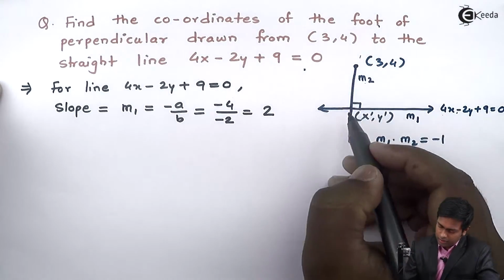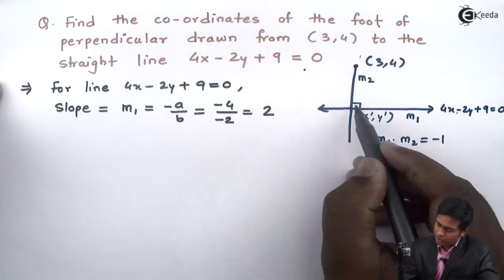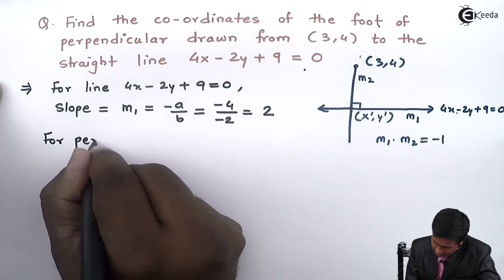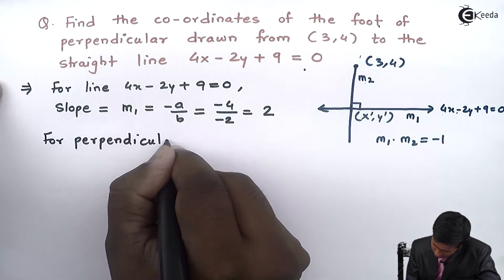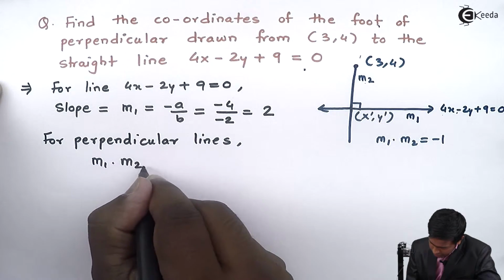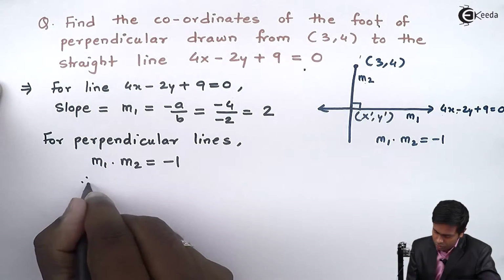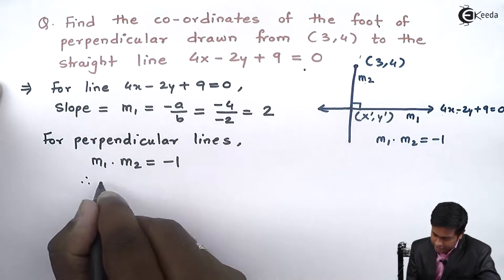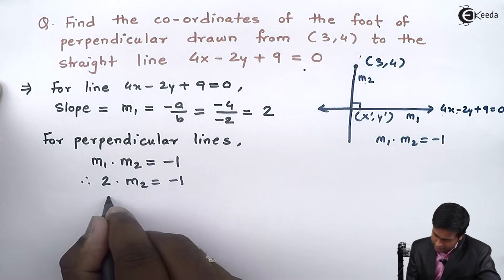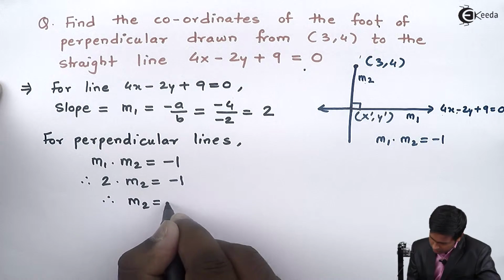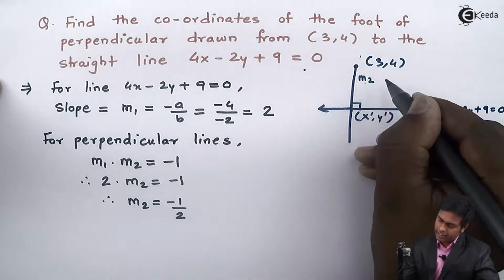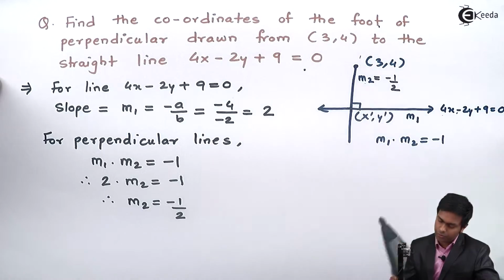Now the second line is perpendicular to this line, so for perpendicular lines m1 into m2 is equal to -1. By substituting the value of m1, that is 2, we get m2 as -1 upon 2. So we got the slope of the second line, that is -1 upon 2.